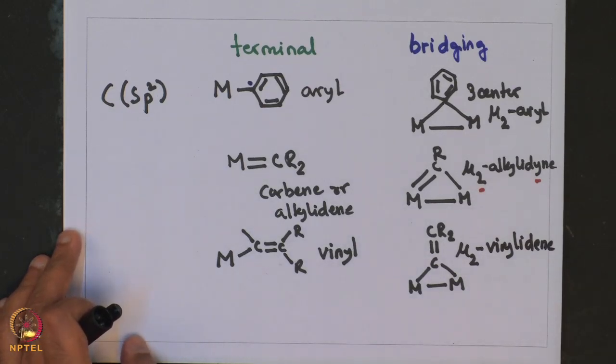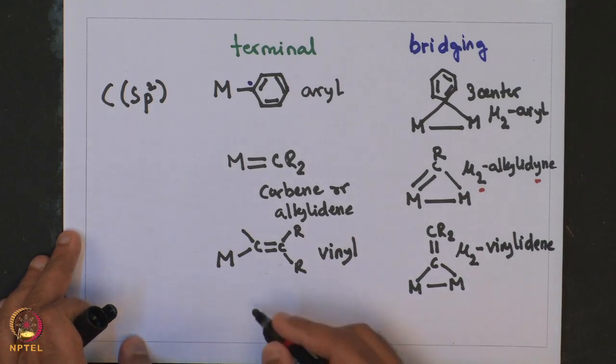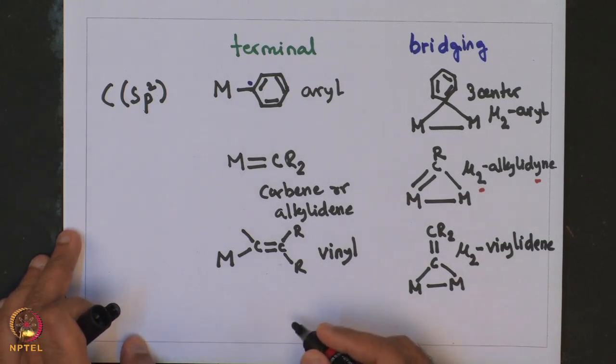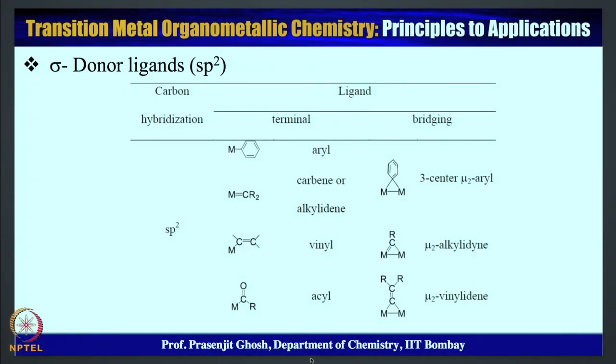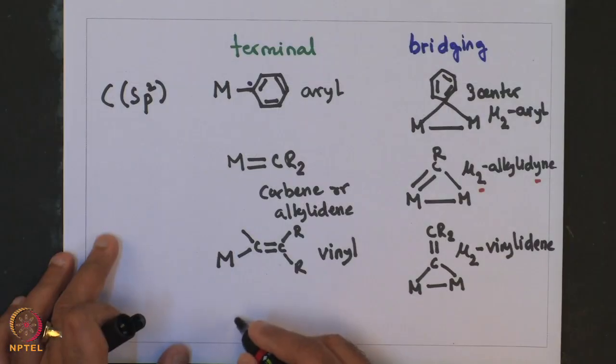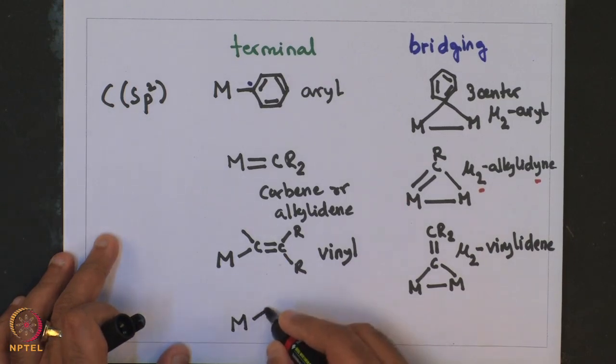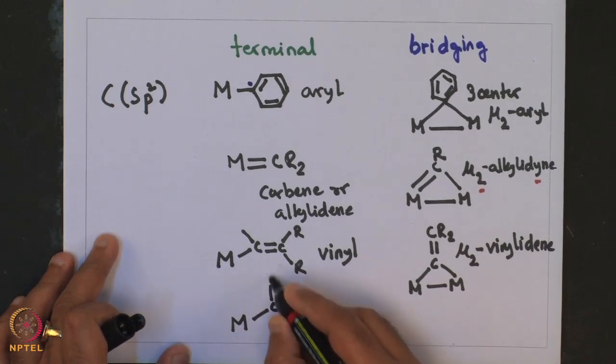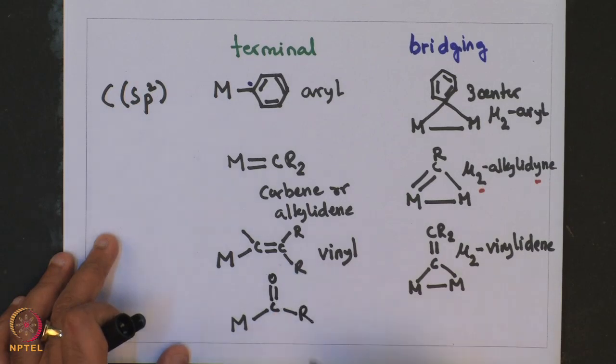There can also, instead of olefin, be a carbonyl moiety having an sp2 center binding to a metal center, the way it is shown over here. And these are called acyl ligands.